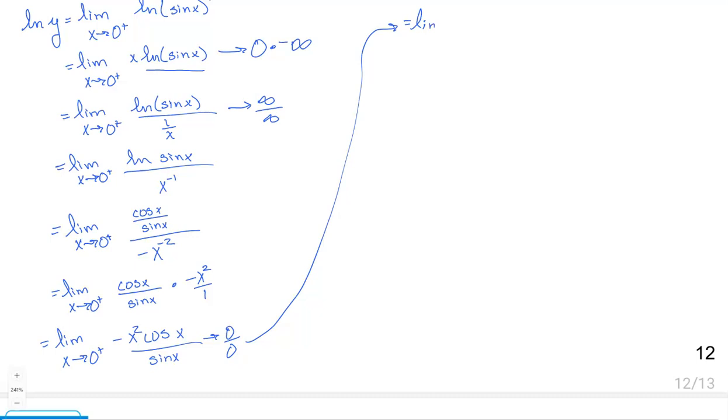So equals the limit as x goes to 0 from the right. Top is a product rule. First derivative of the second plus second derivative of the first. Derivative of the sine is cosine. I'm going to clean this up.